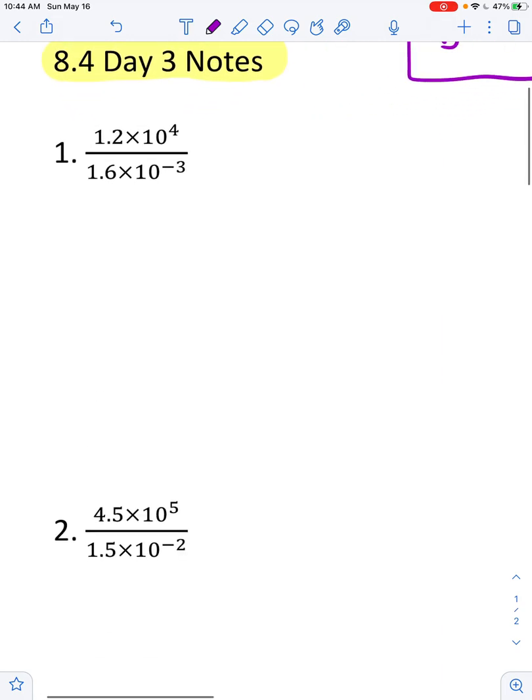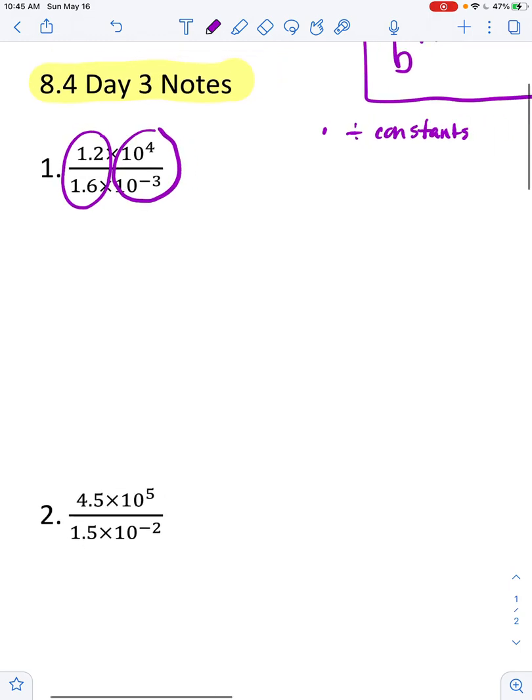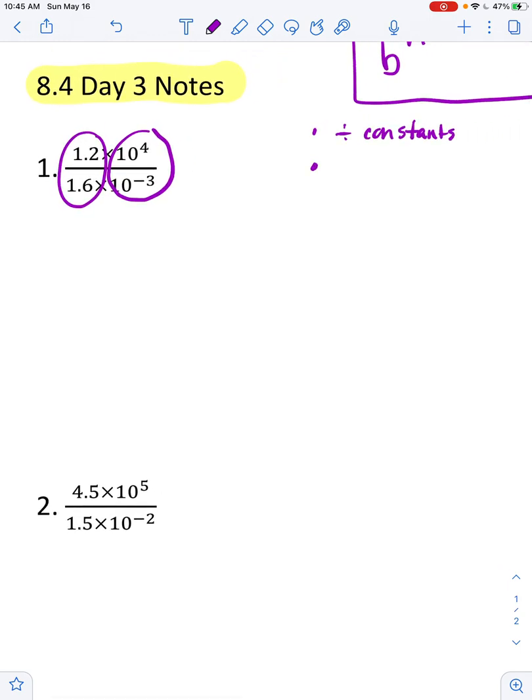You can see we're going to be doing division, and you can see that we have scientific notation. So just like yesterday, I'm going to focus on the constants. So I'm going to divide those constants first. I'm going to do my power rule for my tens. So I'm going to use my quotient or division rule for powers on the tens.